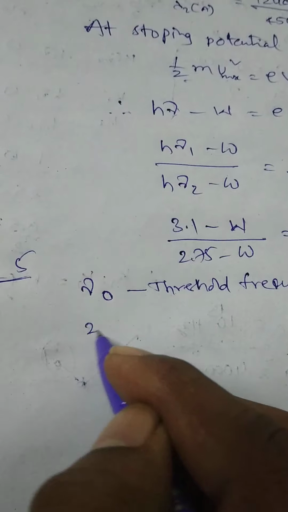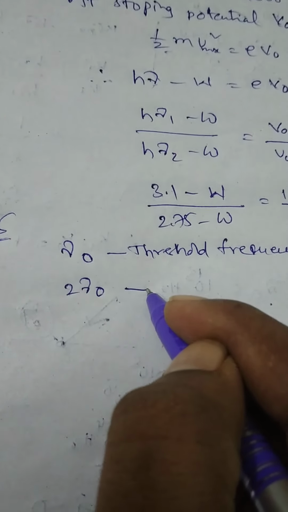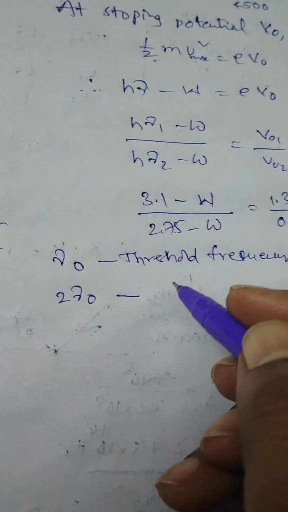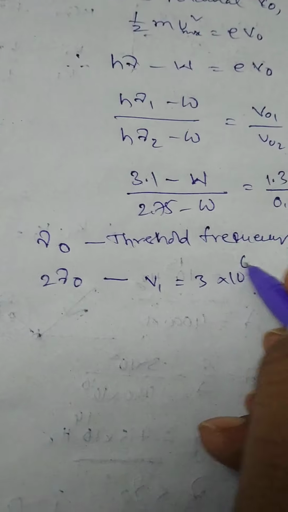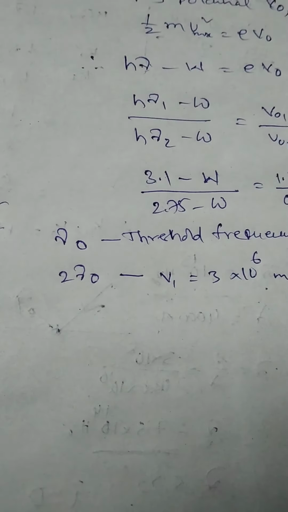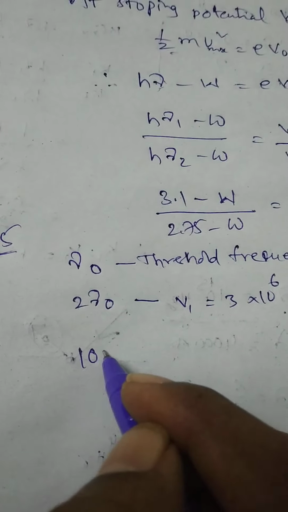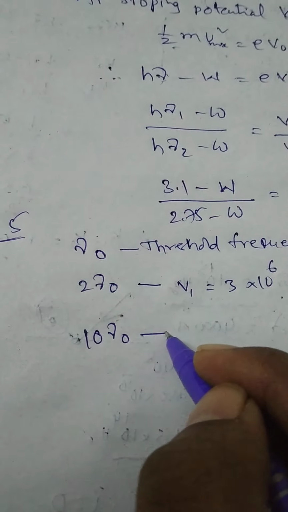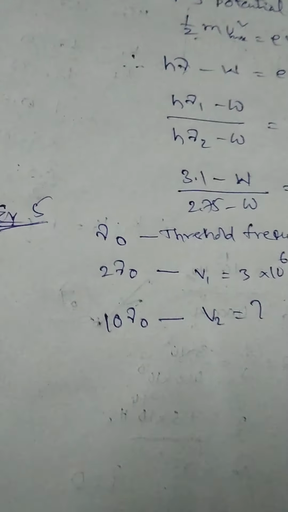Suppose a light of frequency 2 nu naught is incident on the surface of the photometal. The maximum velocity of the photoelectrons is found to be V1 is equal to 3 into 10 power 6 meter per second. If the frequency of radiation is increased to 10 nu naught, what is the value of maximum velocity corresponding to the photoelectrons?